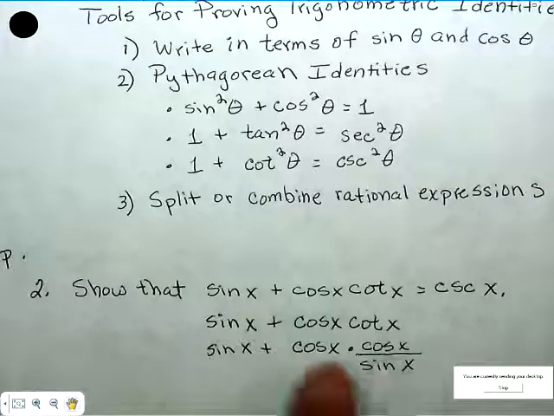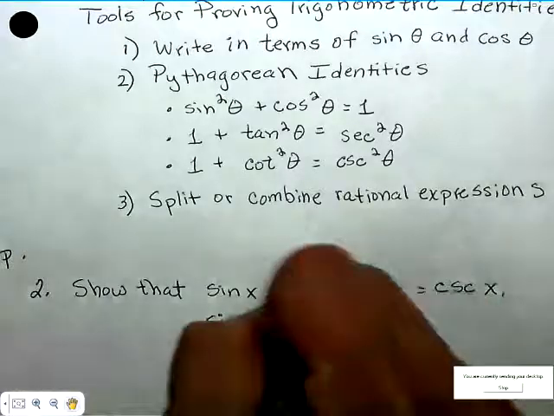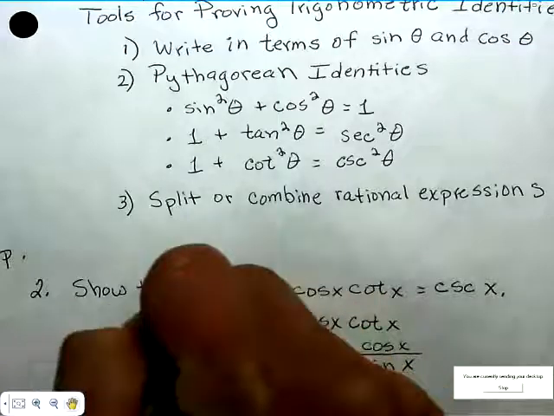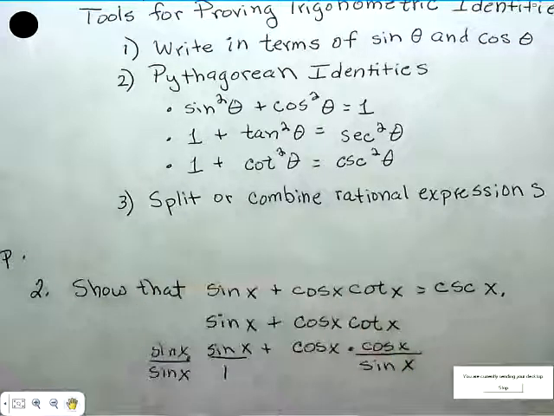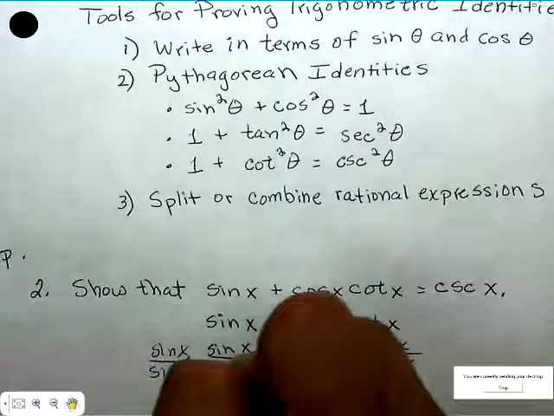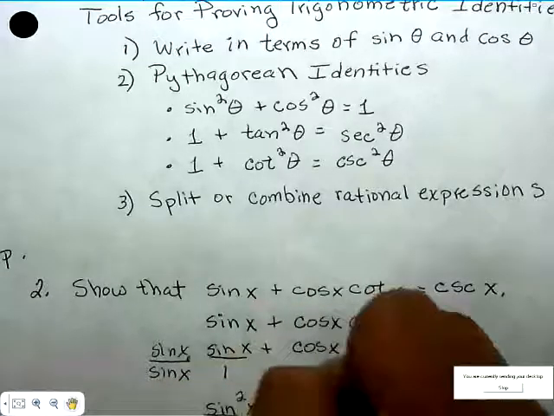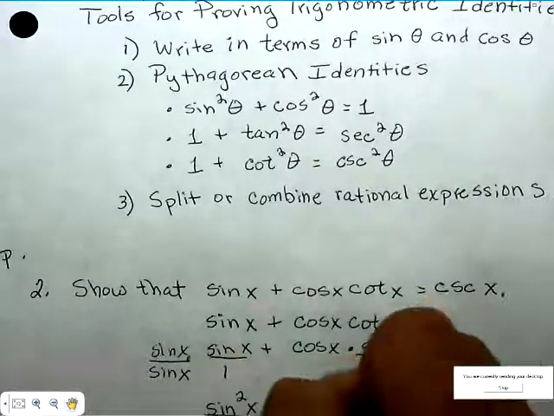Because this is cosine squared over sine. To get a common denominator, all you'd have to do is multiply by sine x over sine x. Don't skip any steps. This is sine squared x over sine x plus cosine squared x over sine x.